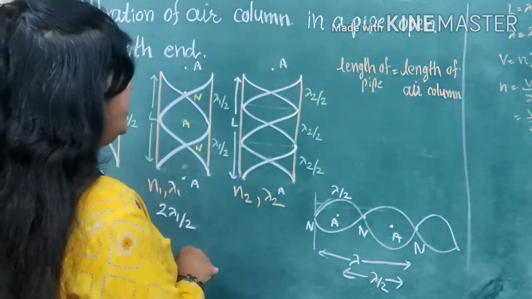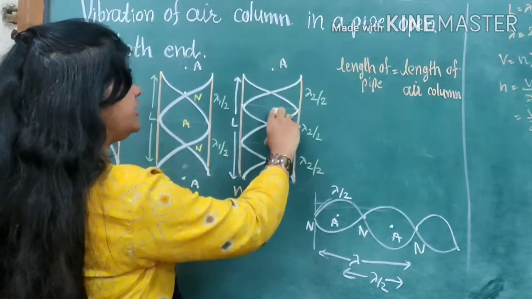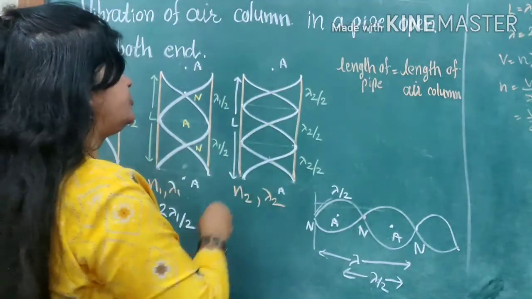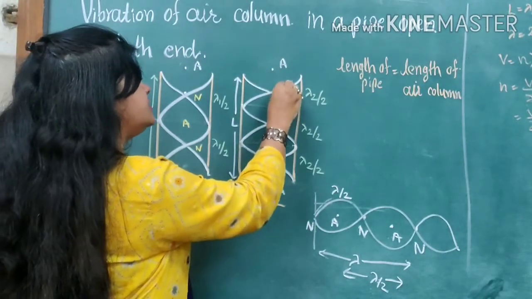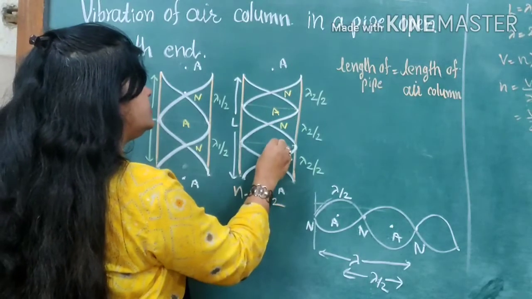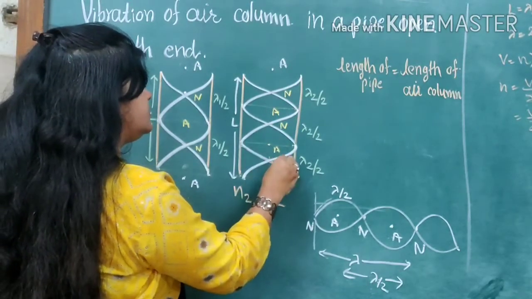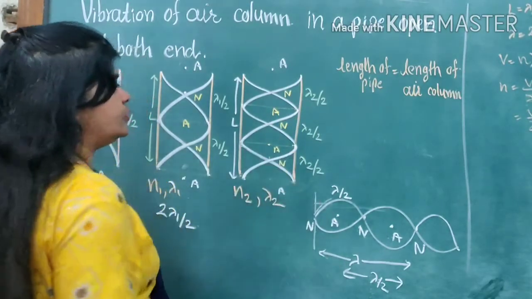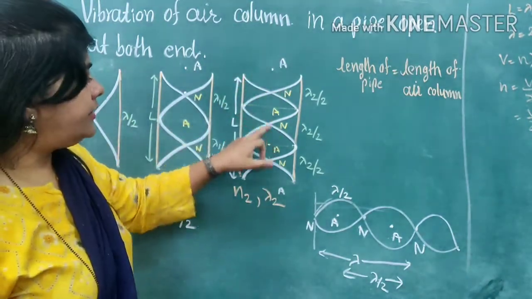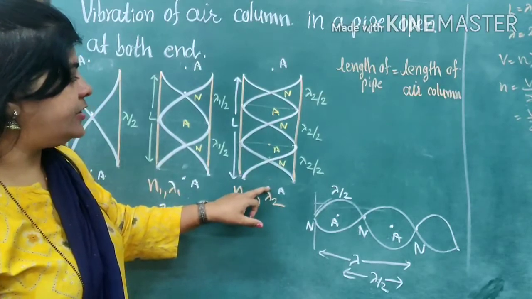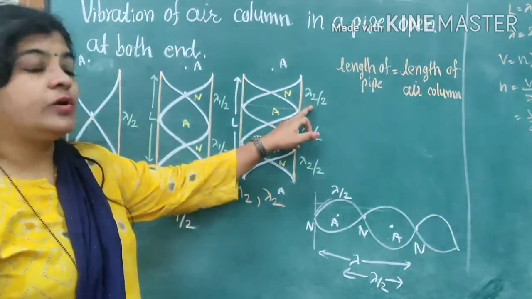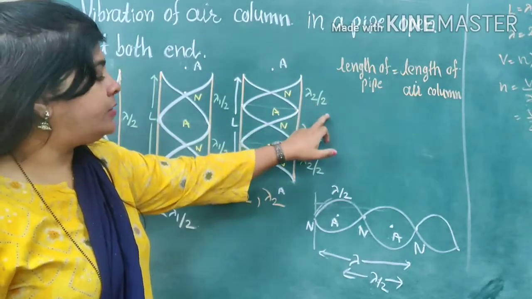Again for this third diagram: first loop, second loop, third loop, three compartments are there. Here we will give the names: antinode, this is a node, this is an antinode, this is a node, this is an antinode, this is a node, and this is an antinode. There are three distances between successive antinodes, each one lambda 2 by 2.